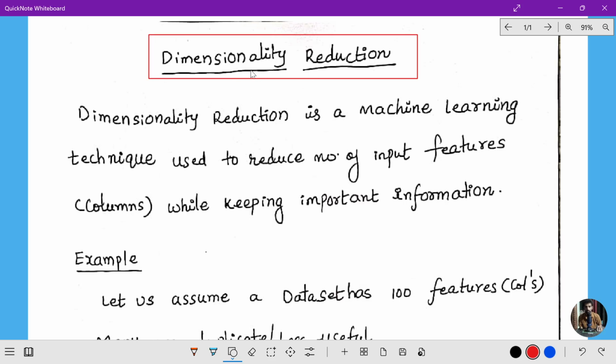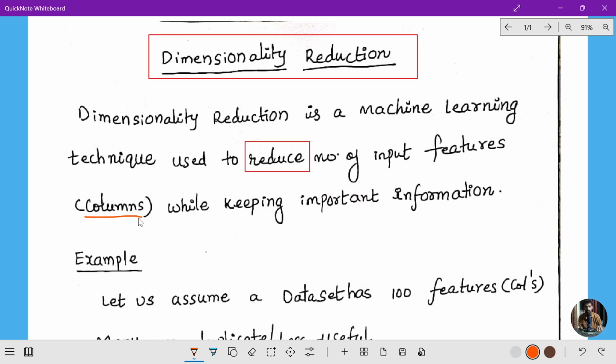The meaning of dimensionality reduction is that it is used to reduce the number of input features. Very important. So in dimensionality reduction, we are just going to reduce the number of input features. Remember all of you, what is the meaning of features here? Features are nothing but columns. When we have a large amount of data, what is going to happen?